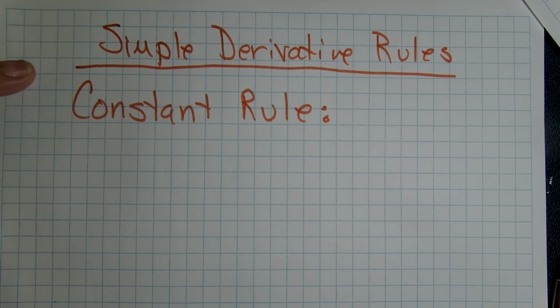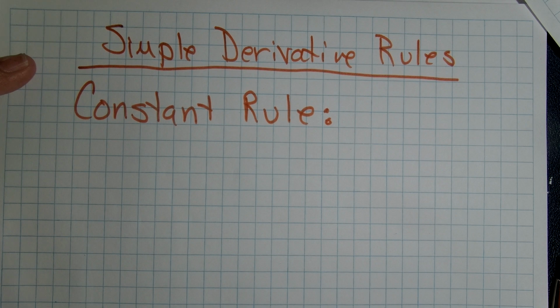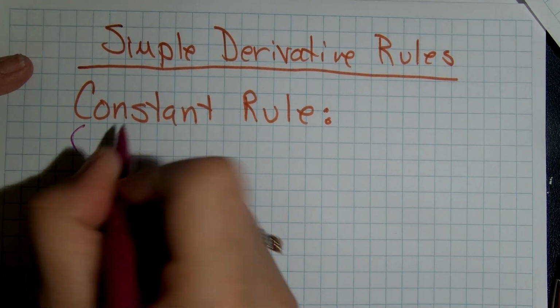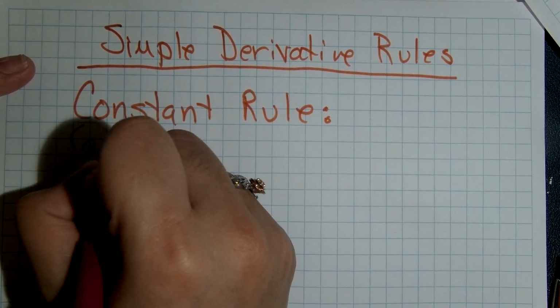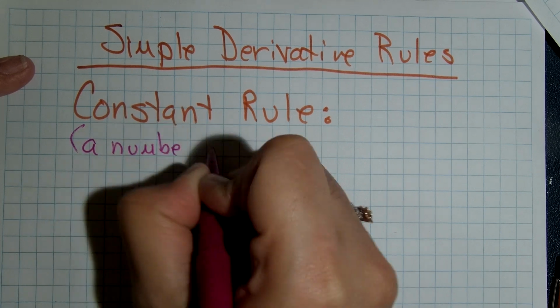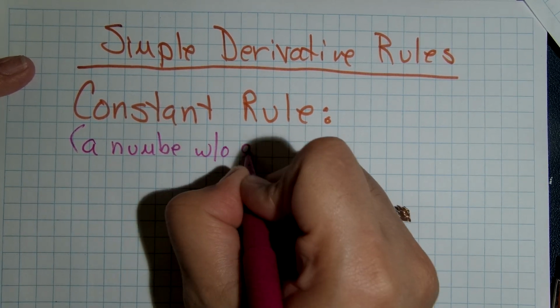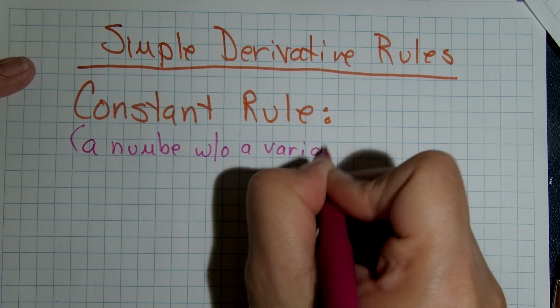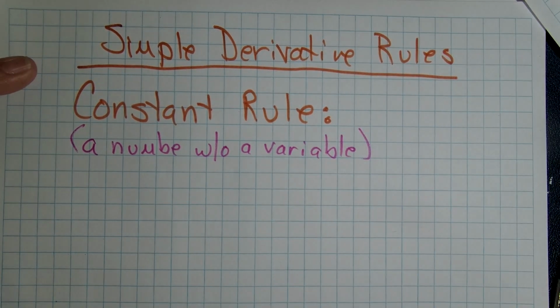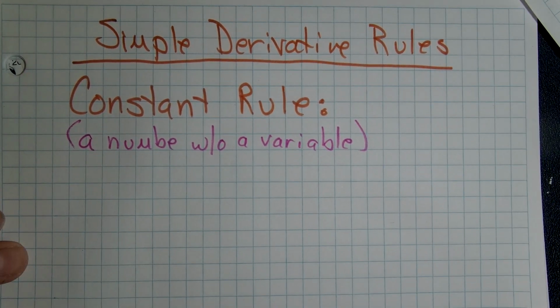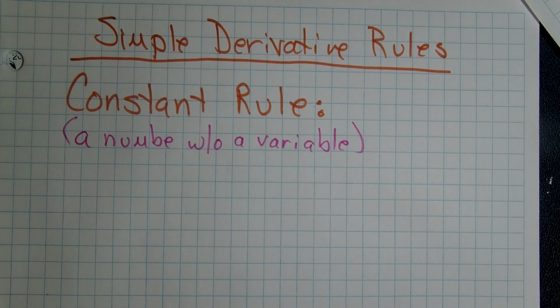The constant is a number without a variable. Constant is a number without a variable. Okay? So this rule is for constants.